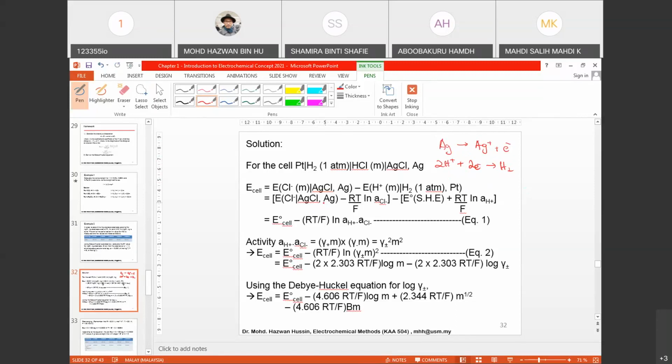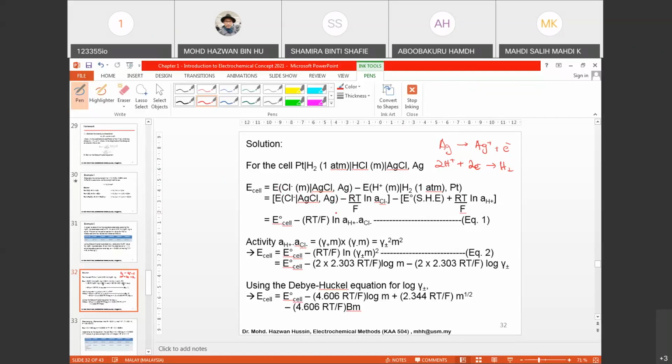You just write them. For example, here I combine the anodic and the cathodic, because you know the E cell can be shown here. This is for your anode and this is for your cathode. You just substitute the values.